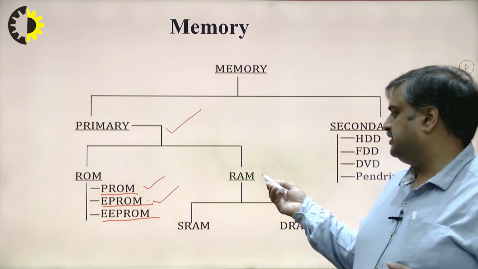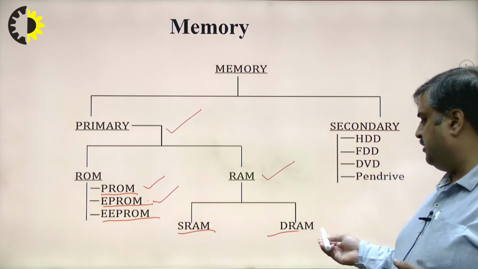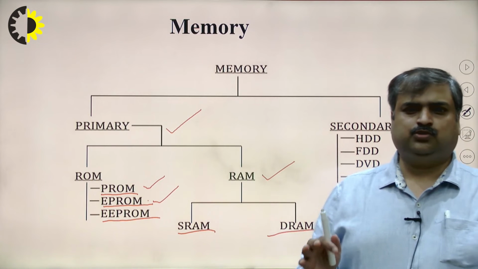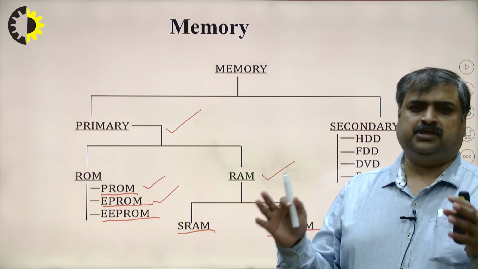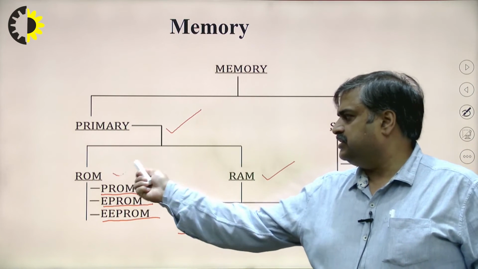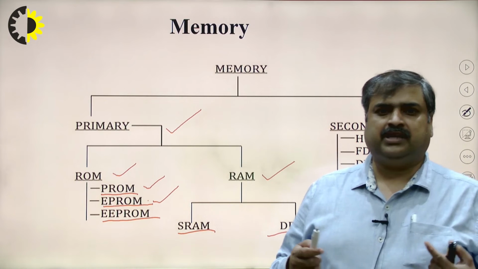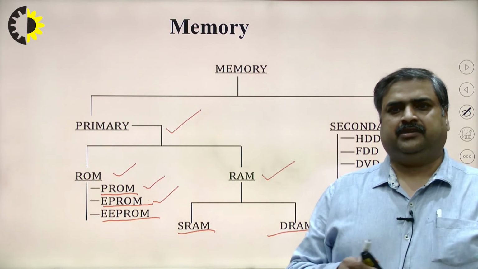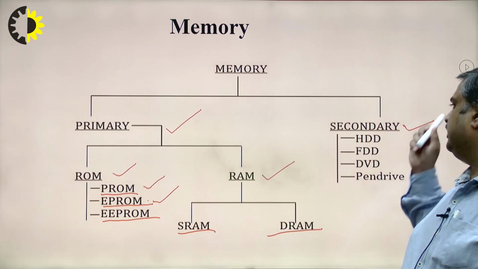And there is RAM. RAM is also a primary memory. There is static RAM and dynamic RAM which are being used. RAM is basically used to keep ready the instructions which are being executed by the processor. ROM contains the instructions which are initially needed whenever the system gets booted. Like the operating system resides in the secondary memory, which is not directly accessible.